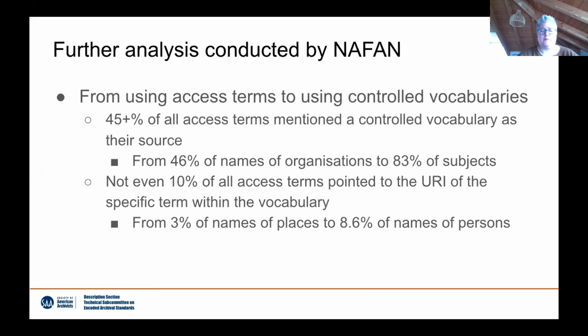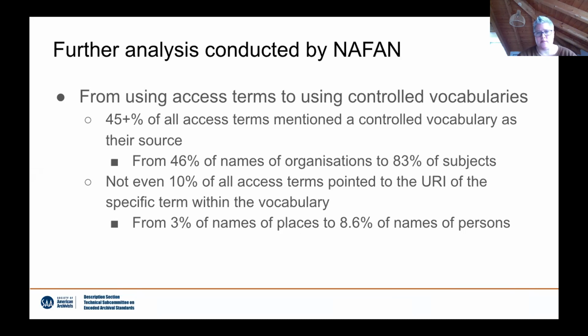They then did further analysis of what you can encode more specifically in this context. And they found that around 45%, or depending on the type of access point, a little bit more even, of these access terms mentioned a controlled vocabulary as their source. So they pointed to something like the Library of Congress Subject Headings in terms of, this is where I got this term from, this is where I got the name of this person from, this is where I got the subject term from.